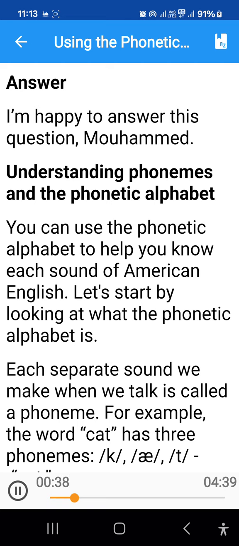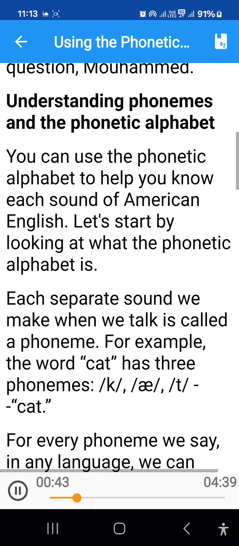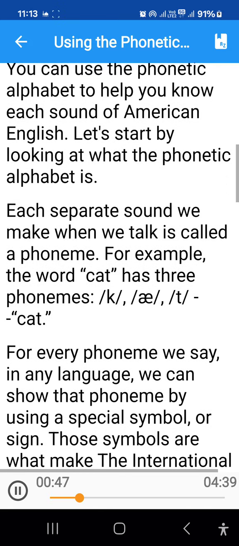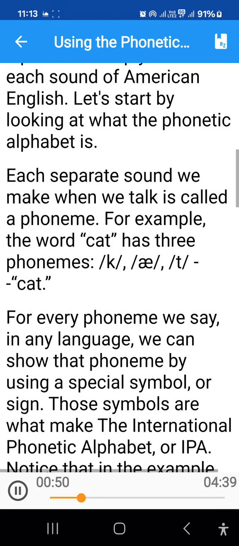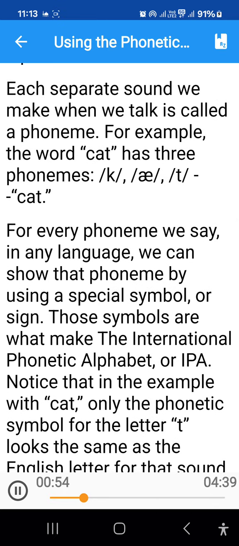You can use the phonetic alphabet to help you know each sound of American English. Let's start by looking at what the phonetic alphabet is. Each separate sound we make when we talk is called a phoneme.